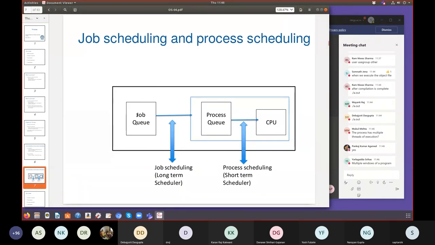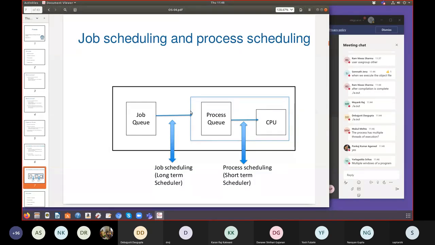Right? So again, job and process, we will not use the term job much in this course. But yeah, from a historical perspective, there was this distinction about job queue and process queue. So a long-term scheduler loaded a job into memory, and a short-term scheduler chose one of these processes. So once the jobs are loaded into memory, they become processes.